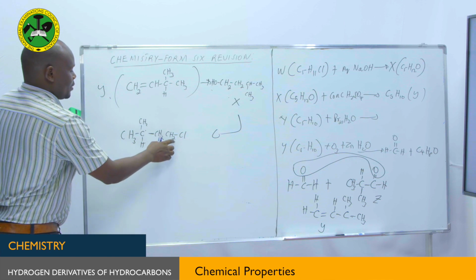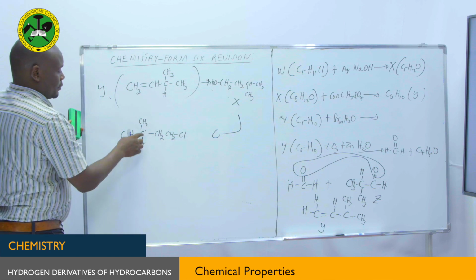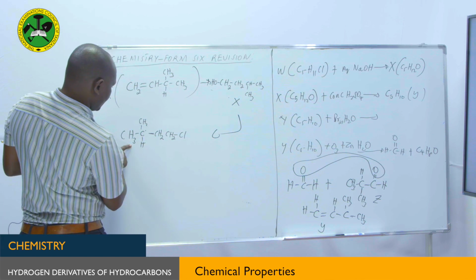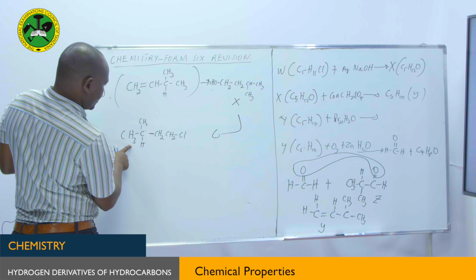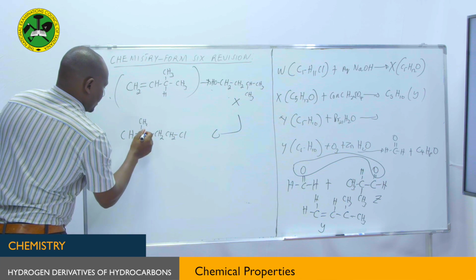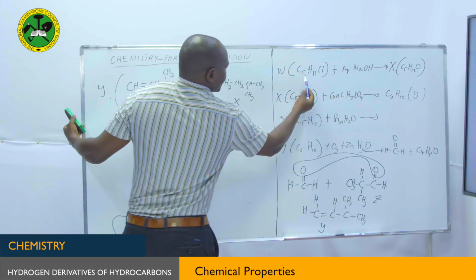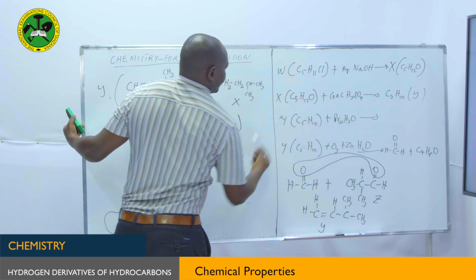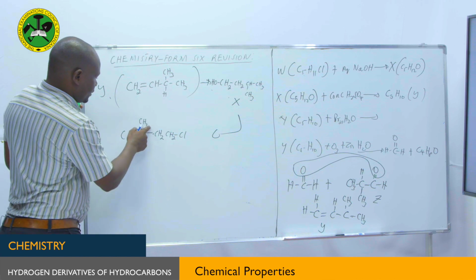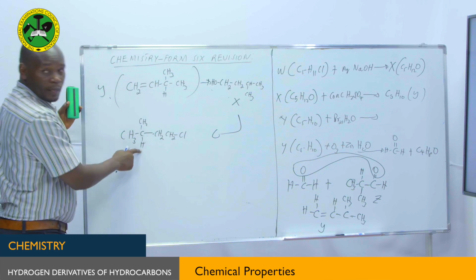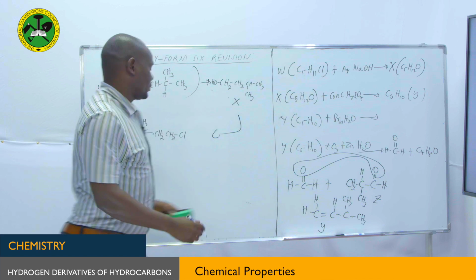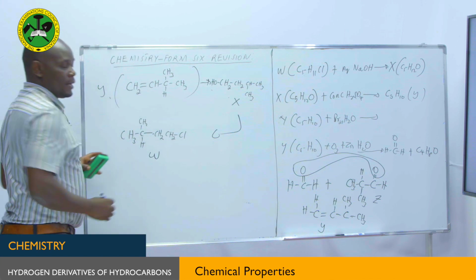So we have 5 carbon atoms and 11 hydrogen atoms. So the structure now corresponds to the molecular formula that you have been given. So this will be W.